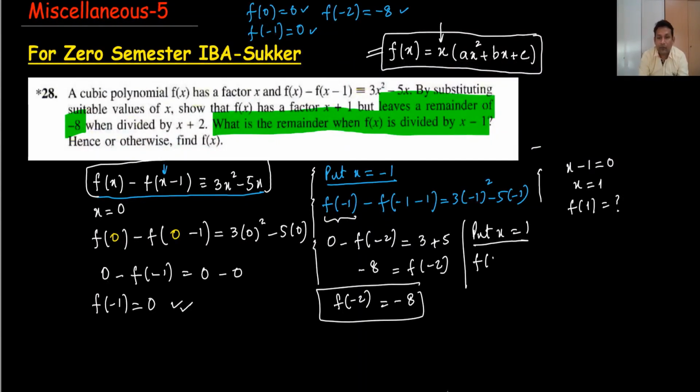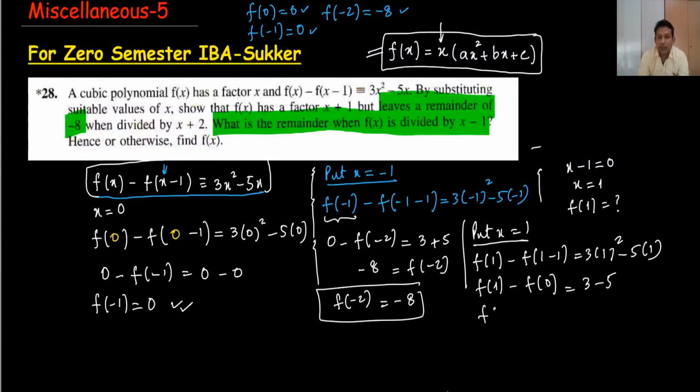So f of 1 minus f of 1 minus 1 is equal to 3 times 1 square minus 5 times 1. F of 1 we need to find, and f of 0 we know. F of 0 is 0. And this is 3 and this is minus 5.